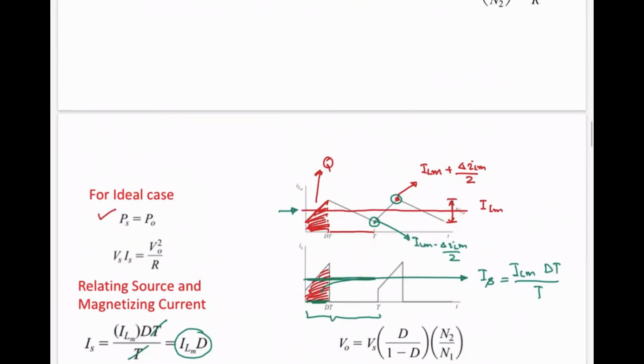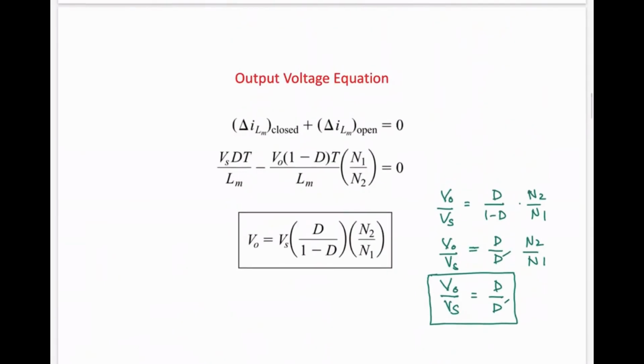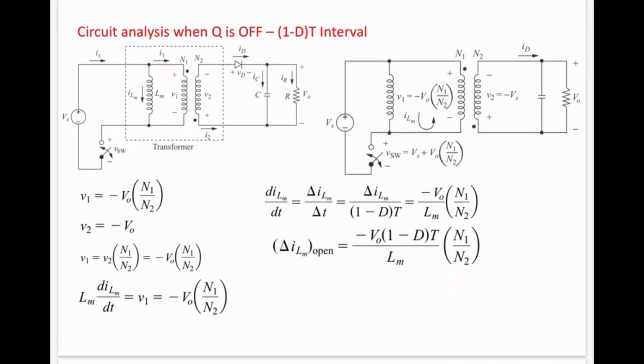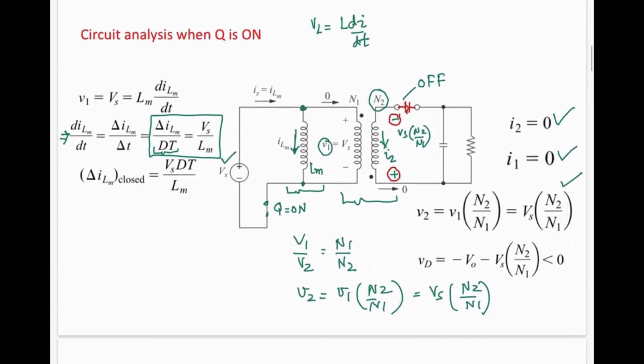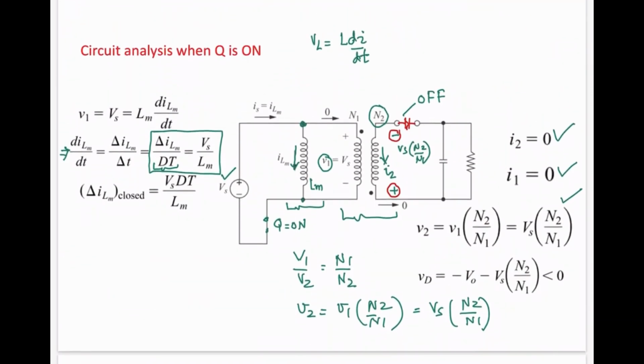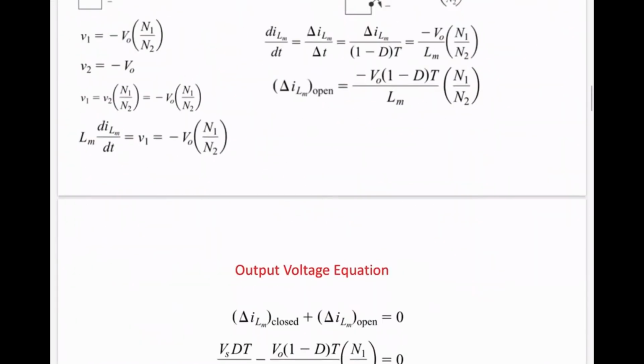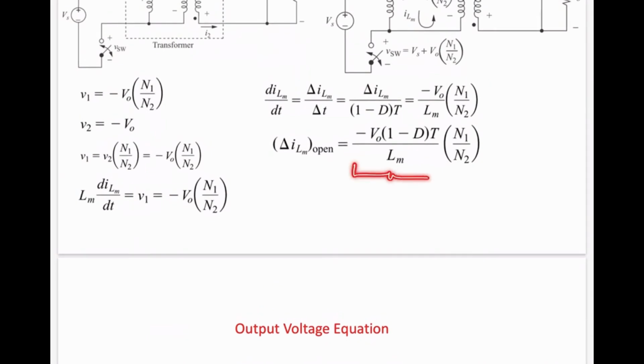If I go back, I can show you over here, delta IL by dt. Either you can use this expression or you can use this expression. For the closed state of the switch, Vs dt by Lm, and for the open state of the switch, you have this expression.